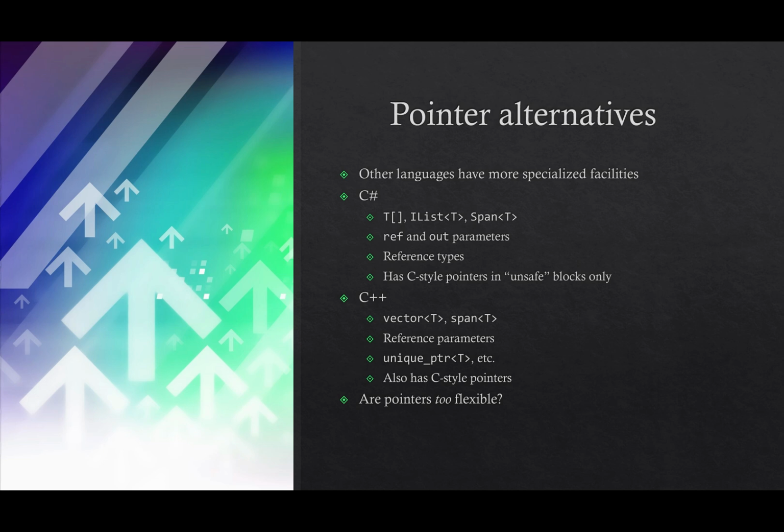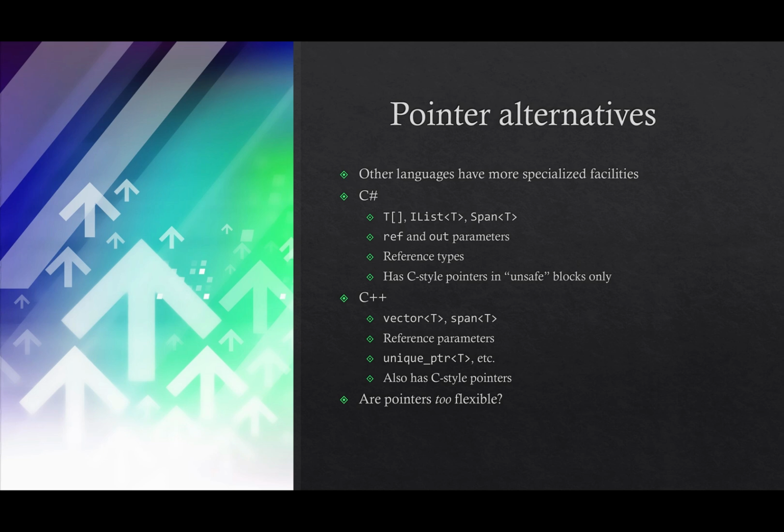Or likewise, an IList of T is an interface that has array-like behavior. You can add to it and remove from it, so it can be variable in length, but you can randomly access members of that sequence and so on. Or a span of T is another standard .NET runtime class or struct, I think, that is basically like a slice of an array.